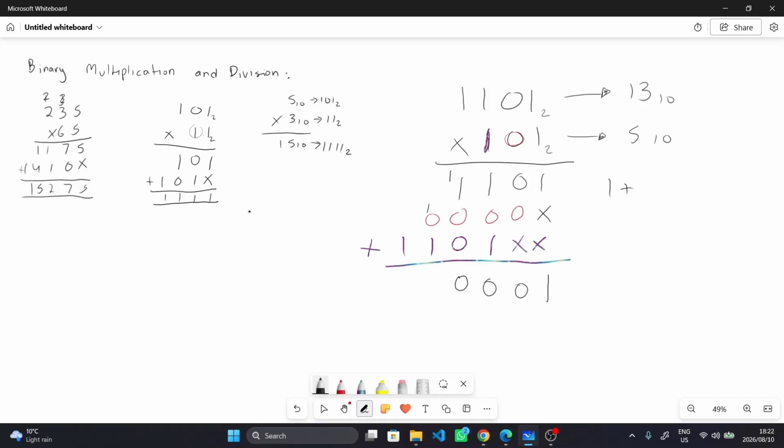Just remember 1 plus 1 is what? 2. And then we put the 0 and we carry this 1. Then here we have 1 plus 0 plus 1, which is again going to be 0 carry 1, and that will give us 10. So this should be our final answer. And if we check that with 13 times 5, that should give us what?